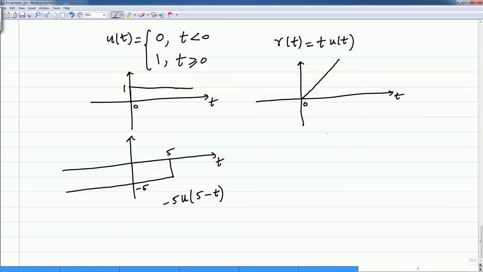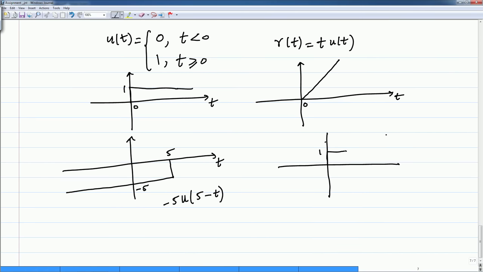So, you have several such things. For instance, one might want to write something like this. You stay at 1 for a while, and then at maybe time 2 it moves off to 4, moves off to 2, and then maybe at time 3 it comes down to minus 2, and then maybe comes down to 0 at time 4 and stays like that.